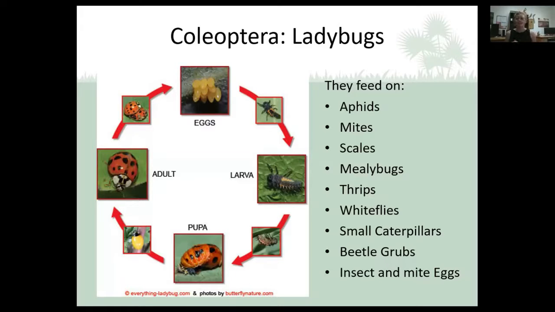They are important predators that feed on many insects that we consider pests, including aphids, mites, scales, mealybugs, thrips, whiteflies, and so on. They are great general predators. So if you're trying to get one specific thing off your plant, it's not going to be a specified predator. It's going to eat every one of these little things. So always helpful.